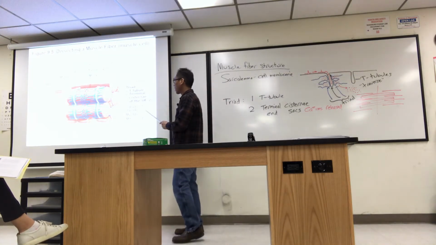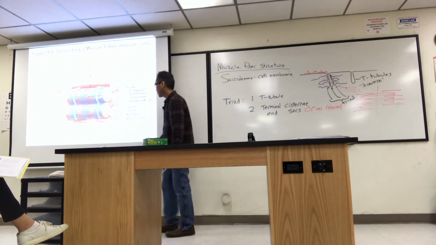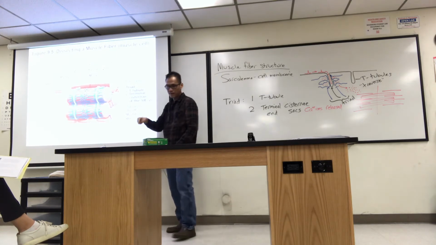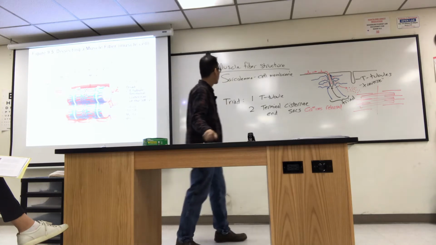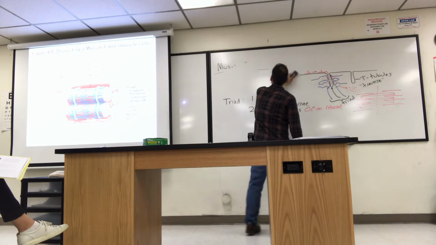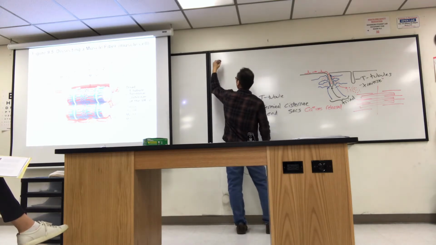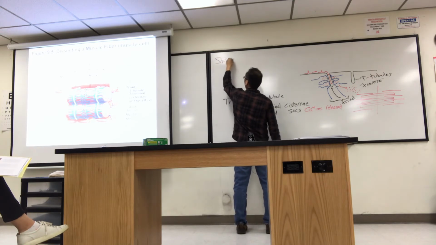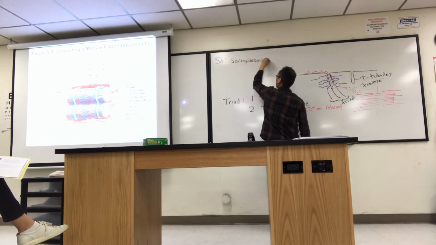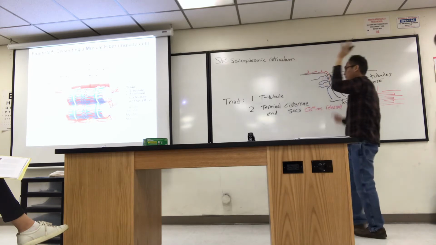Now the end sacs are just a part of this entire blue thing. The entire blue thing is called the Sarcoplasmic Reticulum, and we abbreviate it SR. So let me write that on the board. SR, Sarcoplasmic Reticulum, filled with calcium.